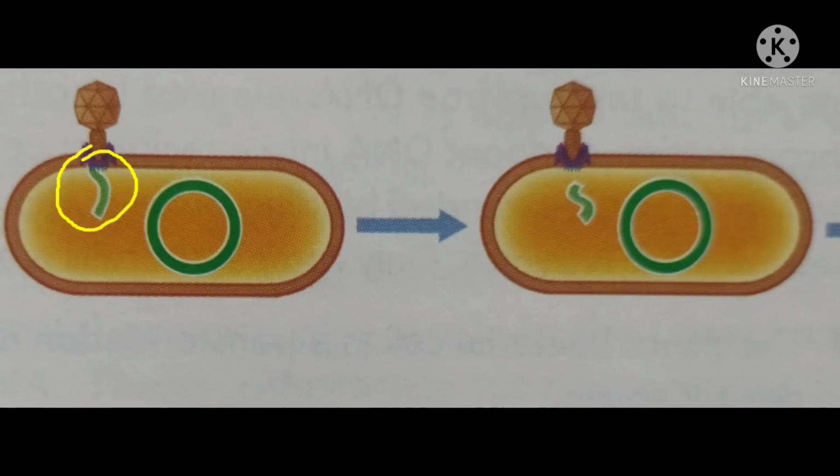Here the transducing particle genome is the host DNA, or bacterial DNA. So the previous bacterial DNA, through this transducing particle, is now transferred into the new bacterial cell. You can see here a green colored genome is transferred by the phage.